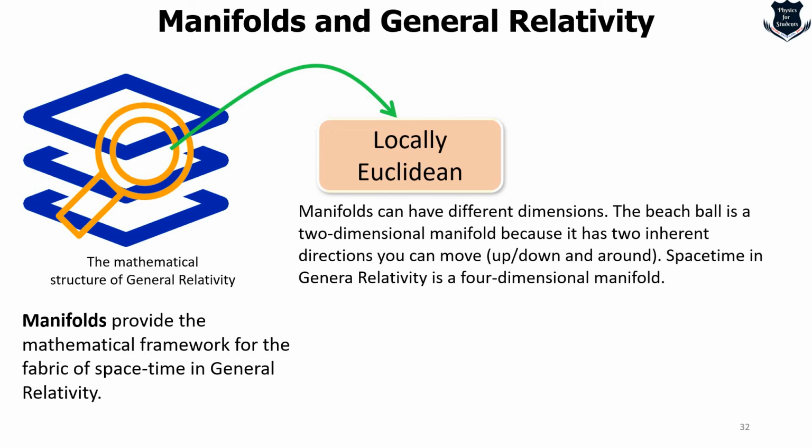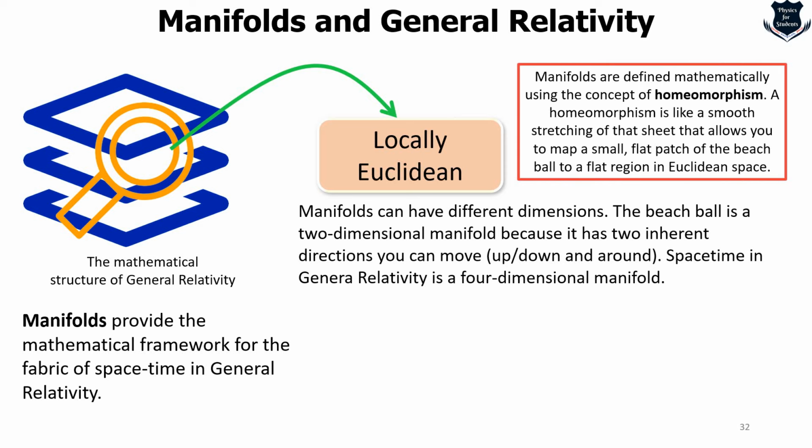What is also important is that manifolds definitely have different dimensions, and that is why it is very important, because Einstein's general relativity uses 4-dimensional space-time, 3 spatial and 1 temporal direction. So if you take a beach ball, which is a 2-dimensional manifold, you can move up and down and around, but space-time is a 4-dimensional manifold. Now here I would like to make a very important point.